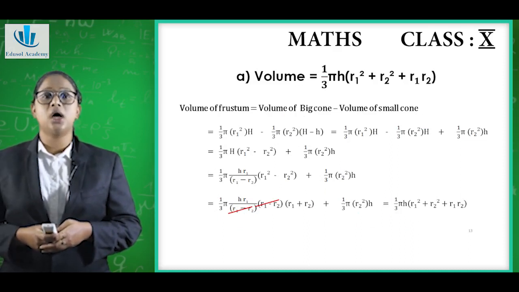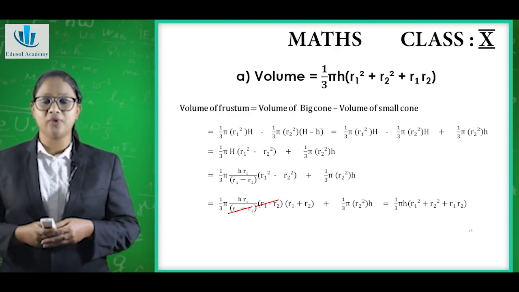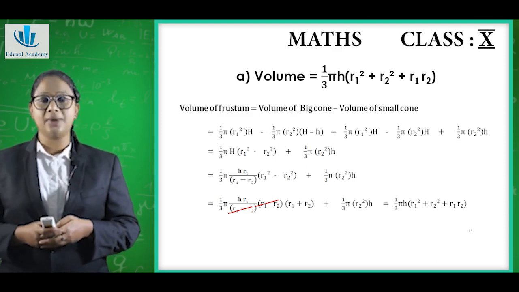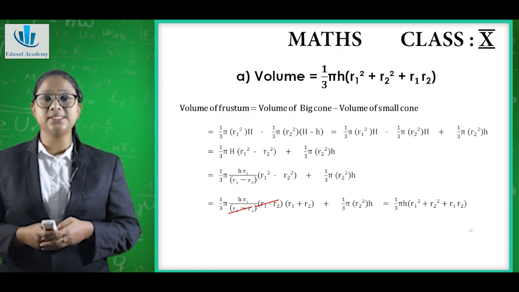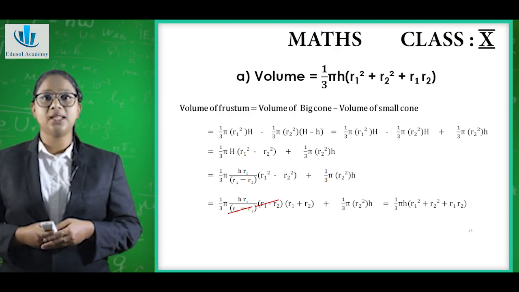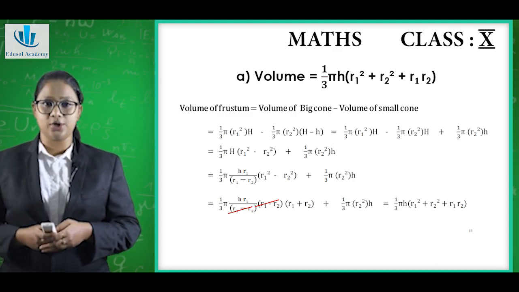We know that a frustum is being made by taking out a small cone out of a big cone. So, volume of frustum is equal to volume of the bigger cone minus volume of the smaller cone. We can replace these with equations as 1 by 3 pi R1 square into capital H minus 1 by 3 pi R2 square into capital H minus small letter h.